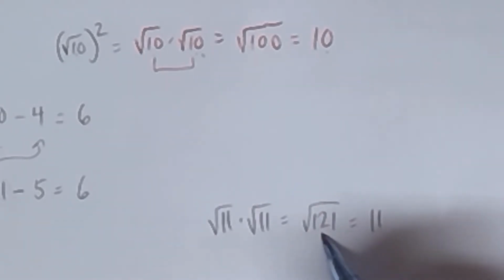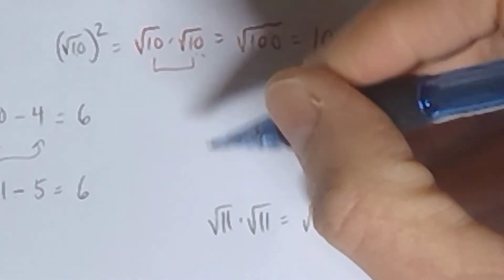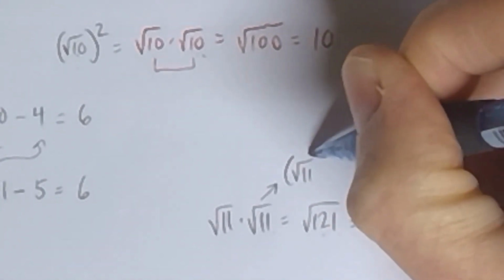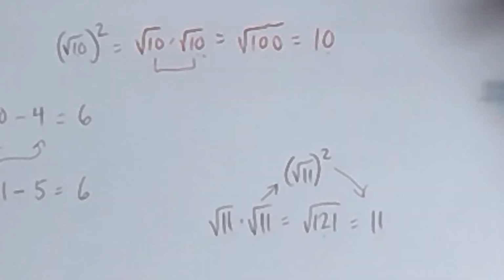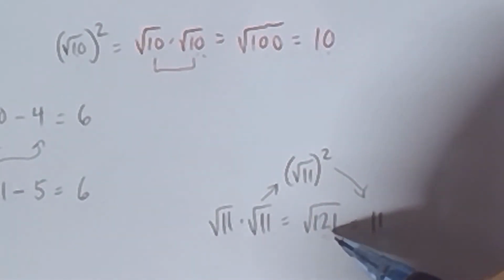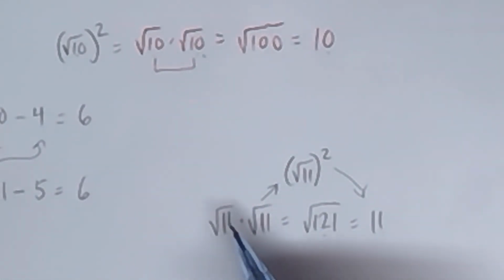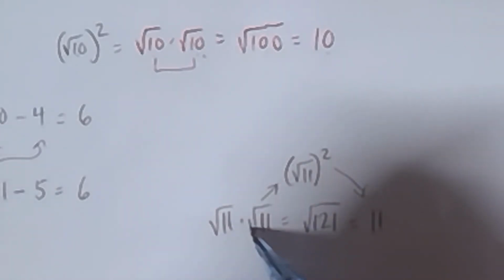When everything on the inside, in this case 121, is a perfect square, you just evaluate it, all right? But wouldn't it have been easier to just say, oh, hey, this is the same thing as square root of 11 squared, and I know that when I square a square root, it's equal to 11. So you don't even need to write down this 121 thing here. You know that when you multiply a square root, and I'm not talking about when you got a term in front of the radicals, that's different, because then you got to deal with that separately.